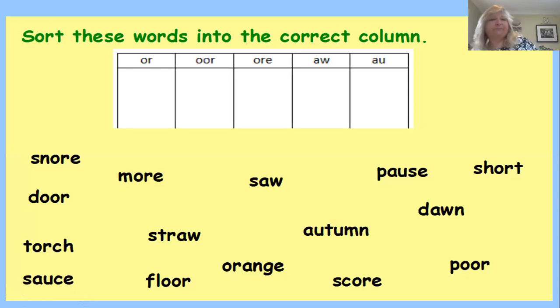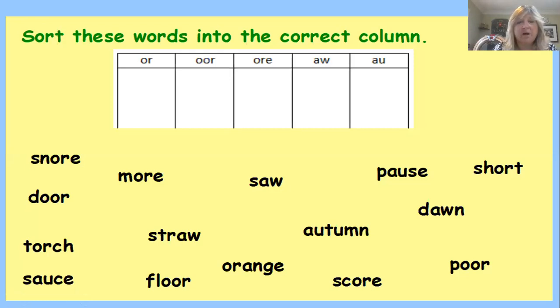Now, I'm going to sort these words into the correct column. This is returning to our or sound that we looked at a couple of weeks ago, maybe even just last week. And each of these words here, you'll notice, have a different way of writing the or sound. What I'd like you to do in your book is to draw 5 little columns. And in one of your columns at the top, you're going to write OR.